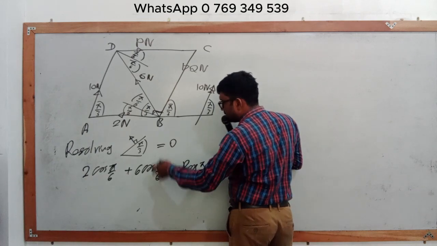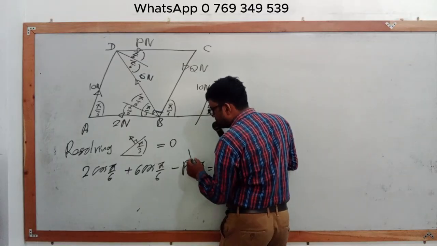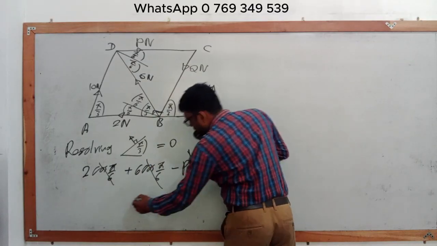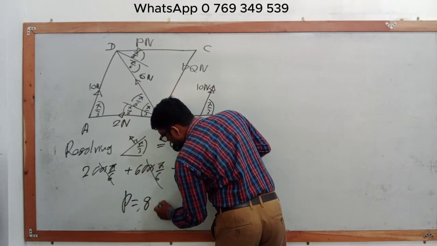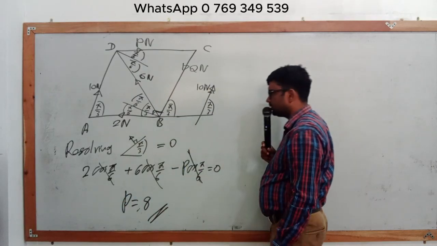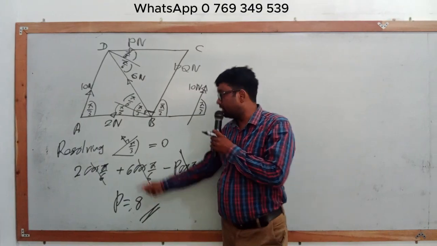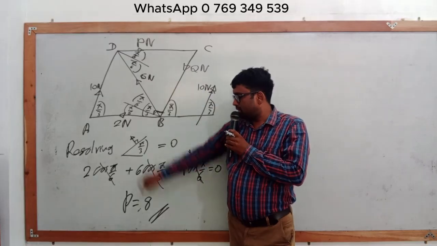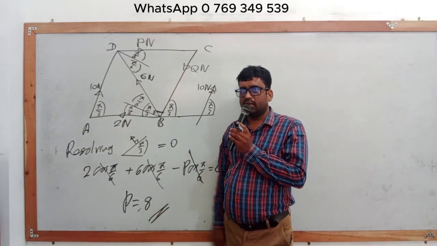You can cut cos pi by 6 like that. Therefore, p equals 8. That is the answer. No need to write Newton here because Newton is already given.